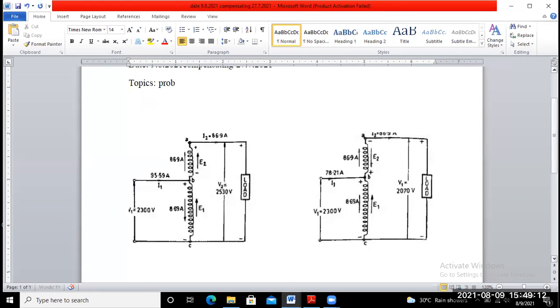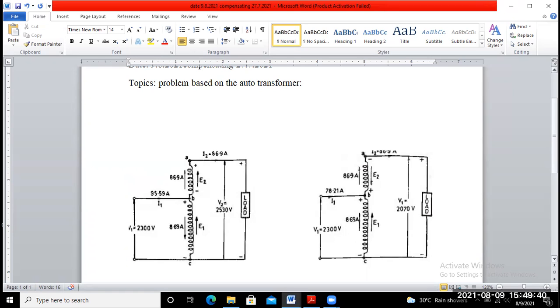Suppose we consider one example: the parameters of a two winding transformer are given to you.